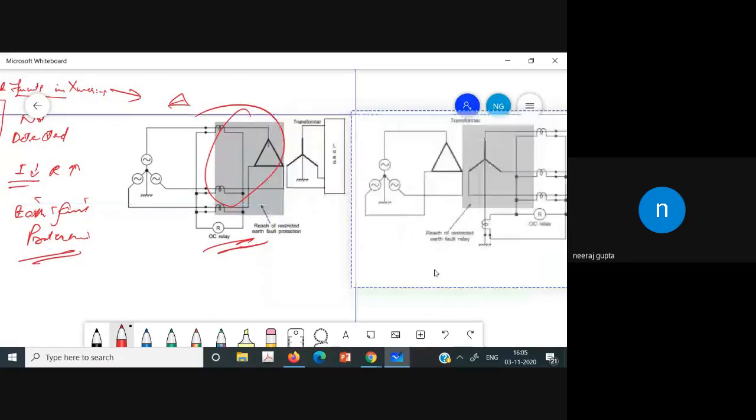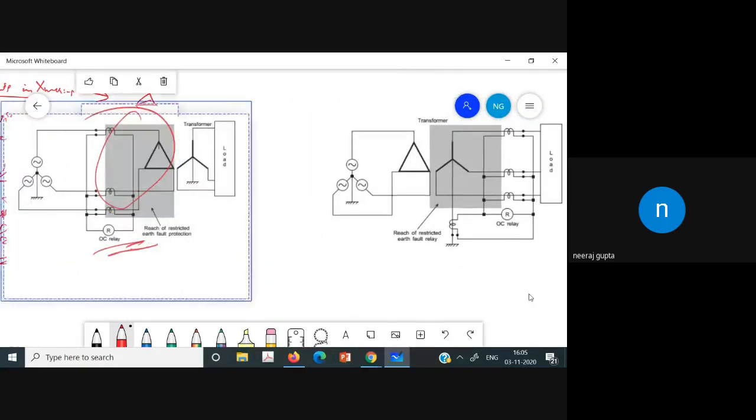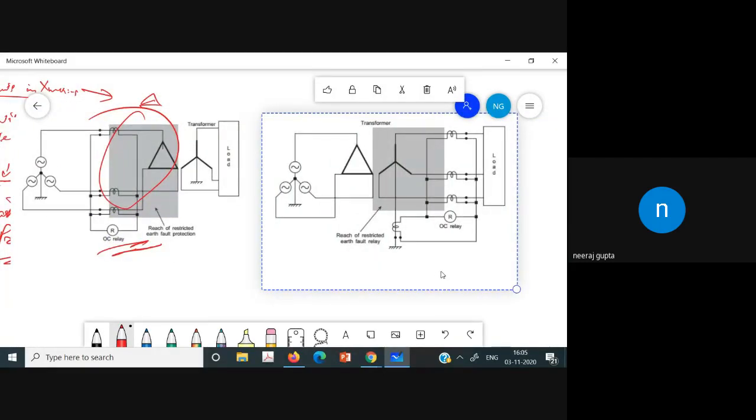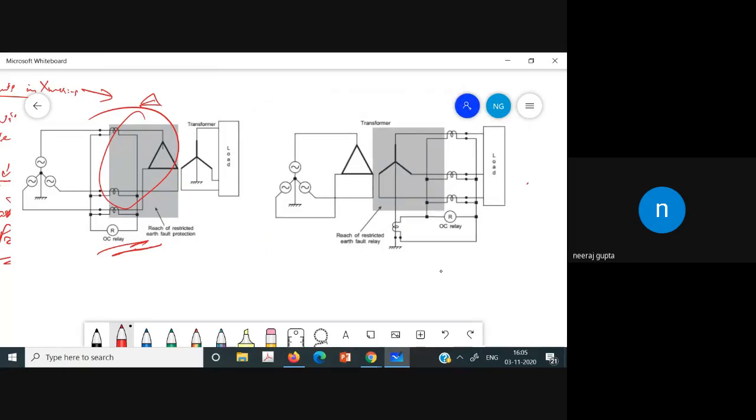On the star side, as we have discussed, it is also known as the restricted earth fault protection, whose reach is limited to the star side of the transformer.